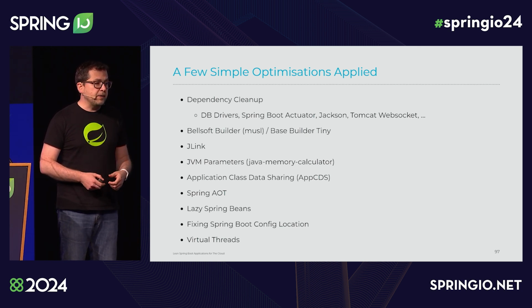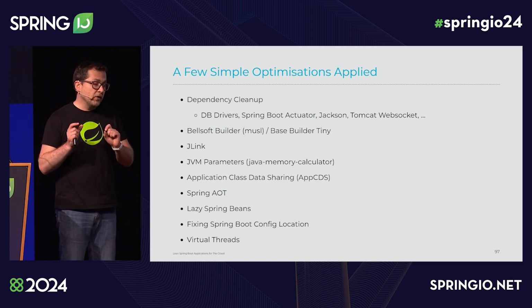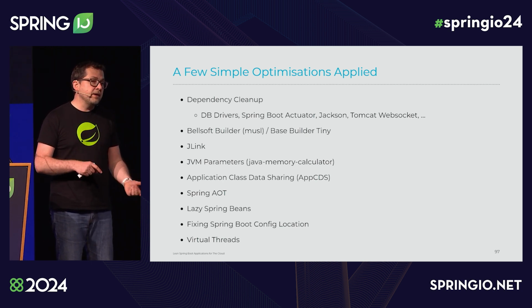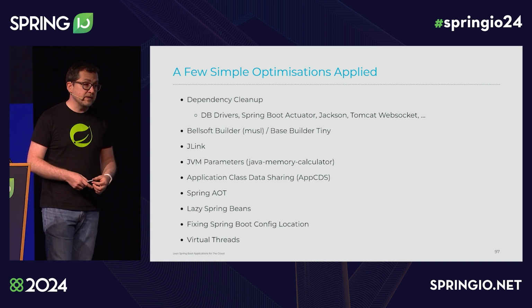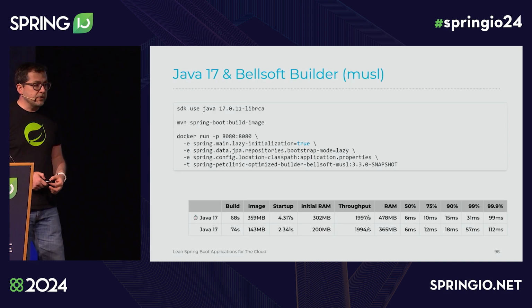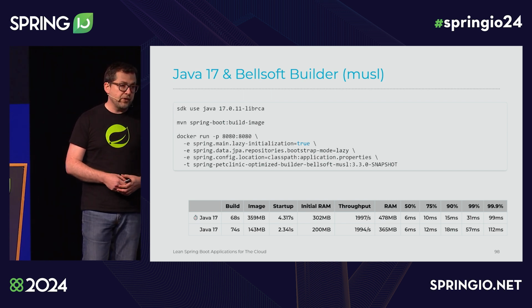We are going to use application class data sharing. We use AOT. We might use lazy beans. Then also specifying the location of the properties or the application YAML file. And then, depending on Java 21 or Java 17, we might use virtual threads as well. And that's what you're going to see on the slide, everything combined except the virtual threads.